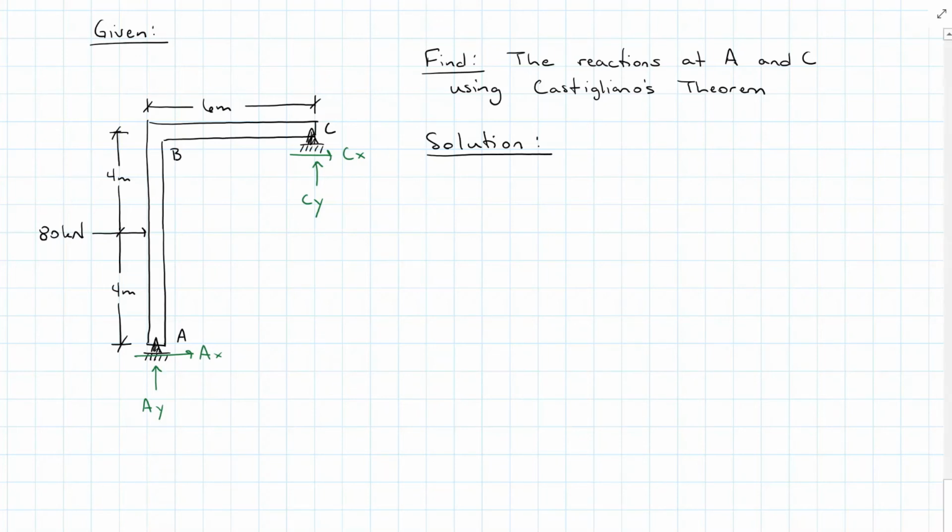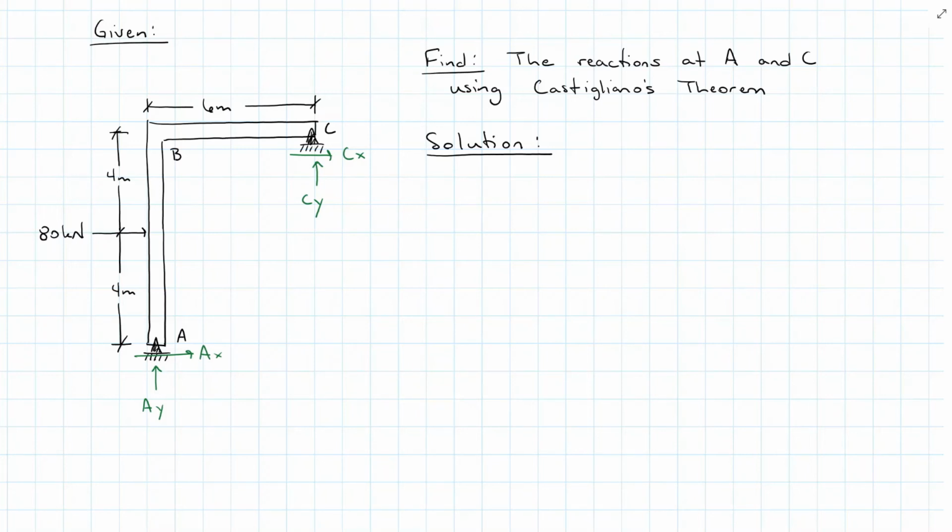So with Castigliano's theorem, we add a point load P or an applied moment P, depending on if we want to find deflection or slope, respectively. Since I have pins here, deflection is what I want to find because my boundary condition is that pins are not going to allow deviation horizontally or vertically.